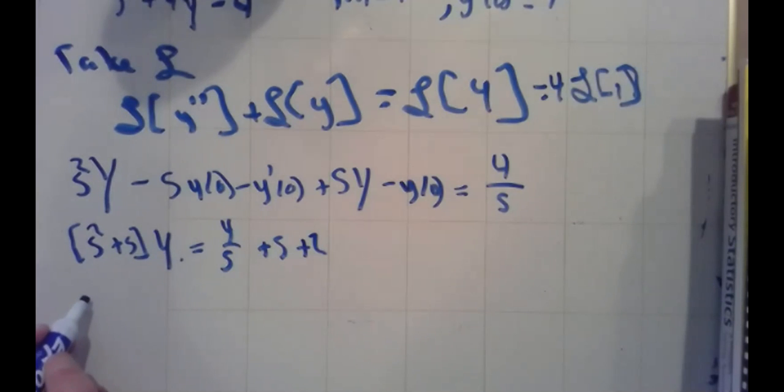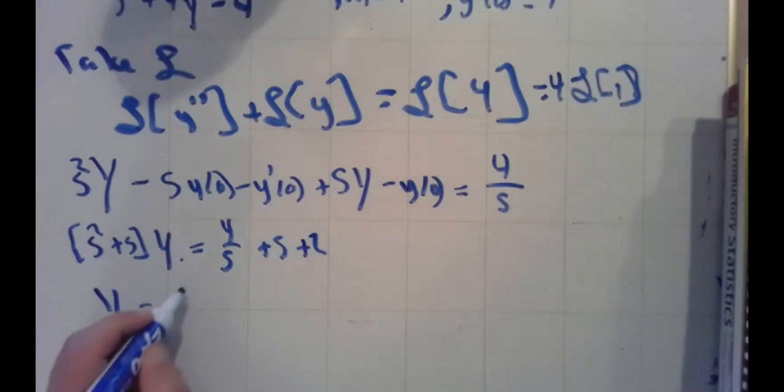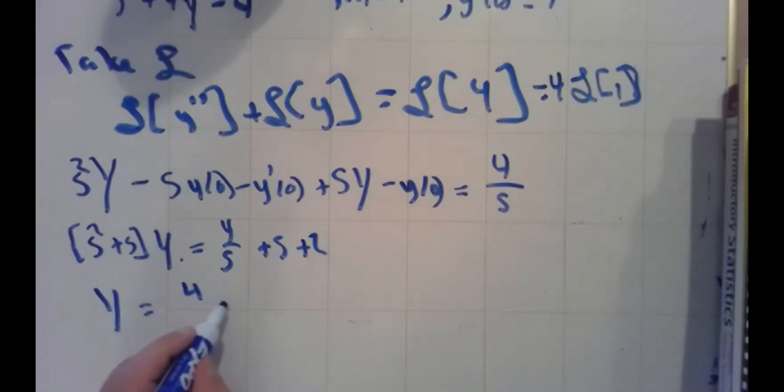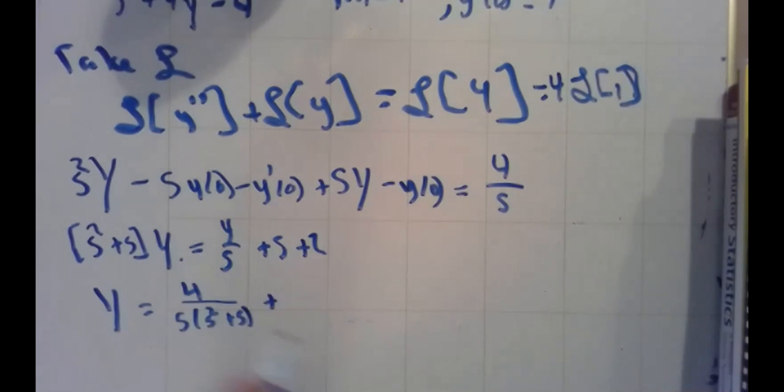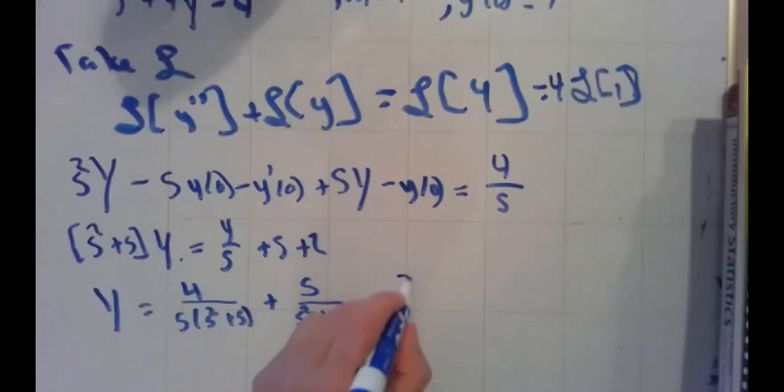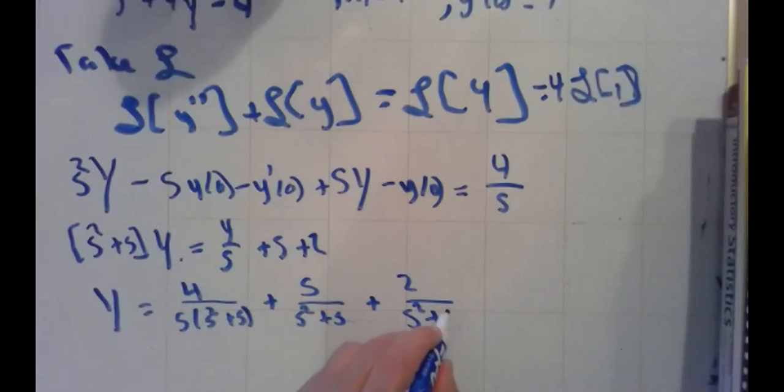Solve this for capital Y. So we get 4 over s times (s squared plus s), plus s over (s squared plus s), plus 2 over (s squared plus s).